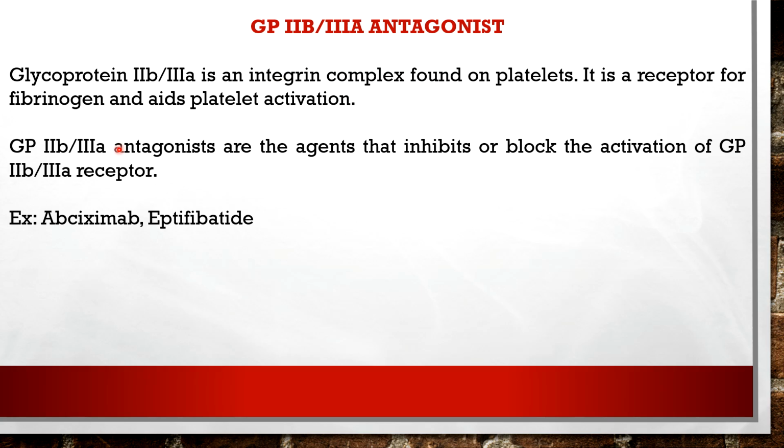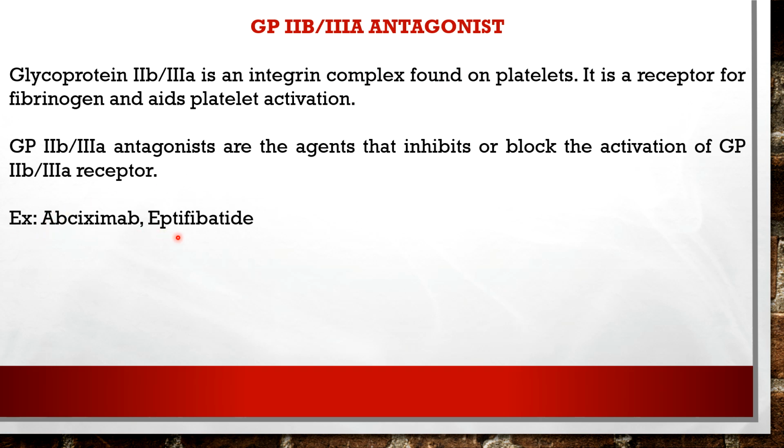So these glycoprotein 2b3a receptor antagonists are the agents that inhibit or block the activation of glycoprotein 2b3a receptors. That means, very simply, these antagonists reduce or inhibit the action of the glycoprotein 2b3a receptor. This receptor is important for the activation of the platelets.